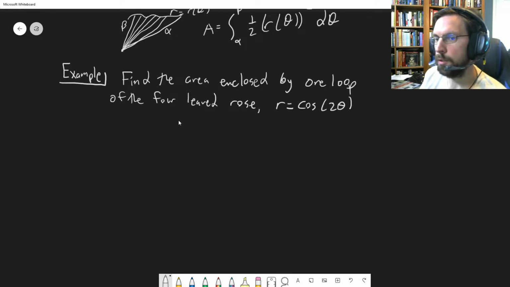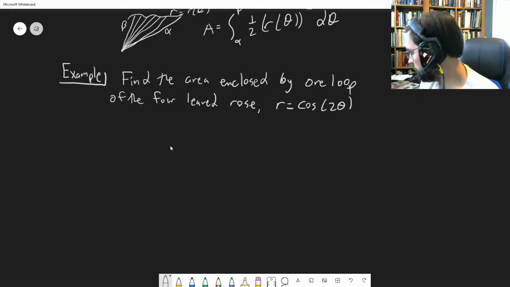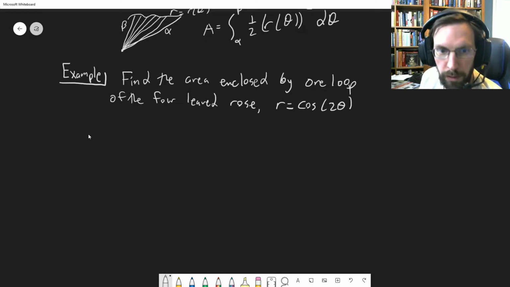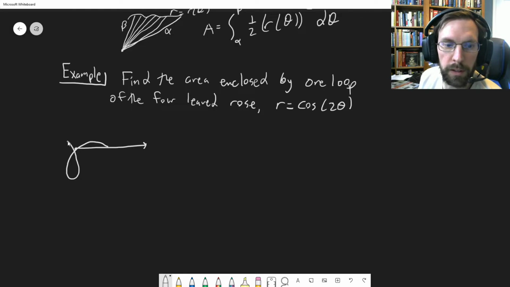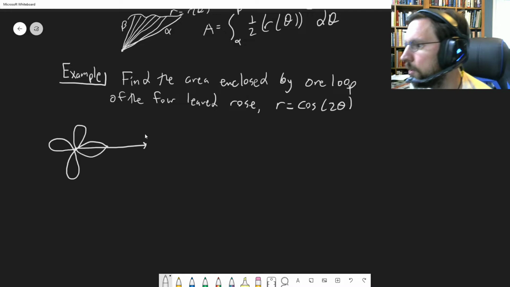This curve looks like this. There's our pole and our polar axis. Something that looks like this, loops around like this, like this, and finally like this.